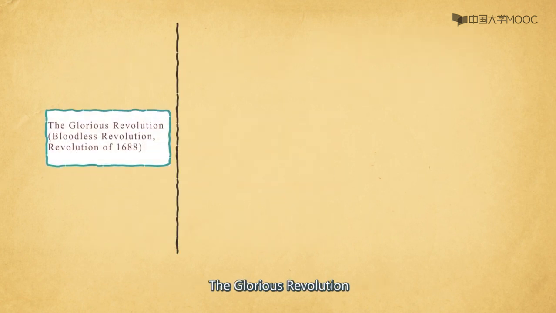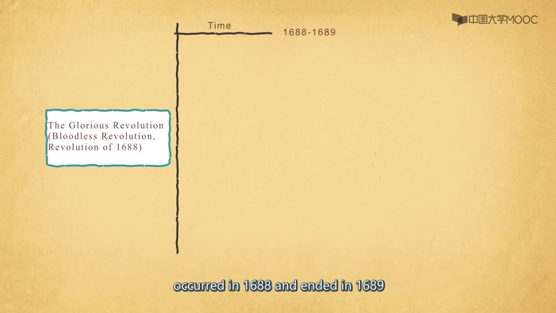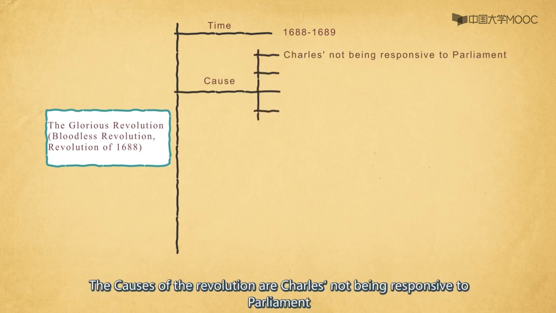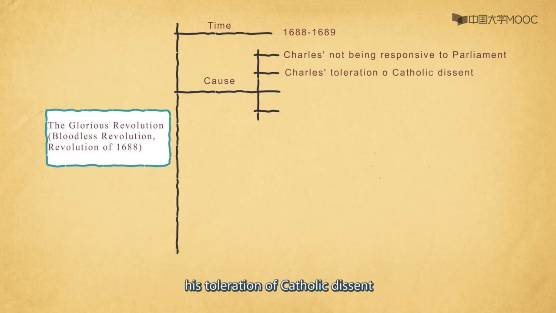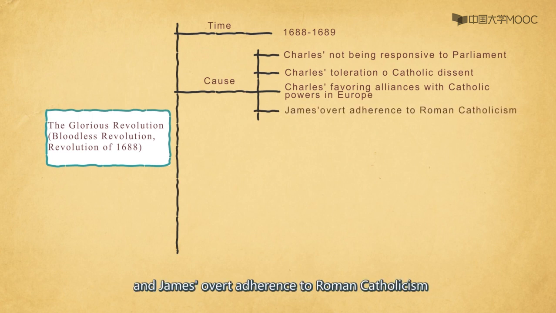The Glorious Revolution, which is also called the Bloodless Revolution or Revolution of 1688, occurred in 1688 and ended in 1689. The causes of the revolution are Charles not being responsive to Parliament, his toleration of Catholic dissent, his favoring alliances with Catholic powers in Europe, and James' overt adherence to Roman Catholicism.